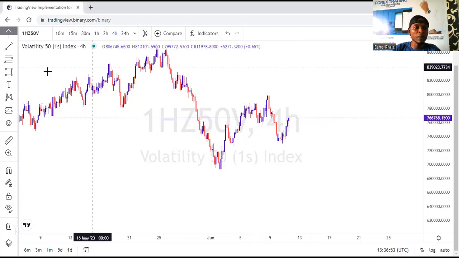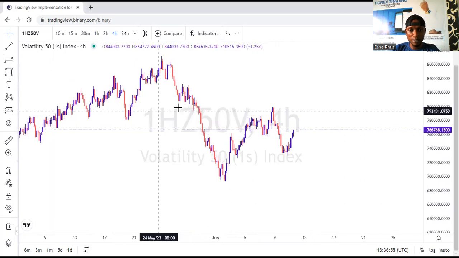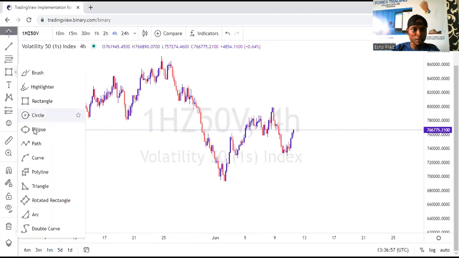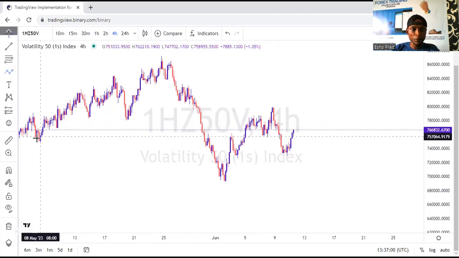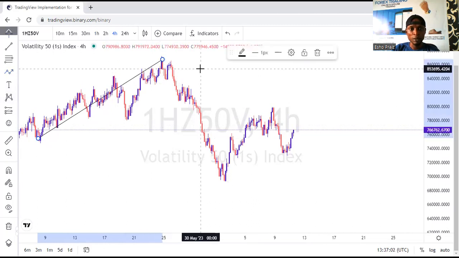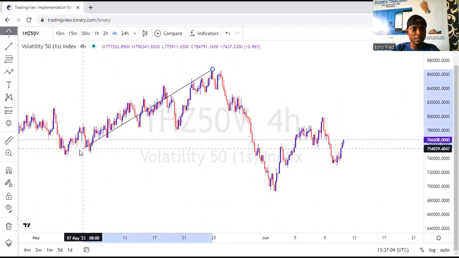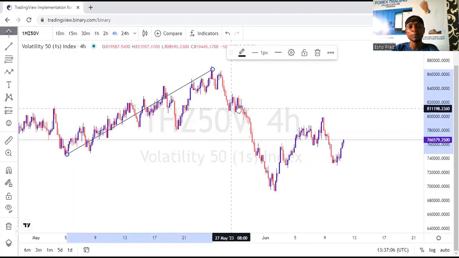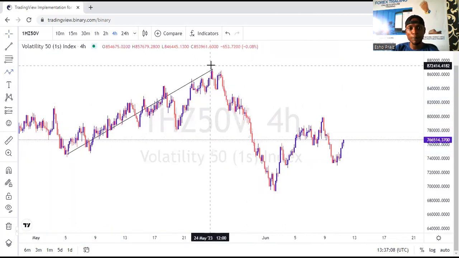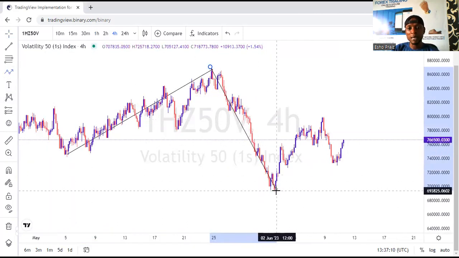Now let's go down to, okay, this is 4 hours. Now you can see that the market pushed up like this. From here, the market pushed up, creating a series of higher highs and higher lows, right? And then it got to this particular point, and the market dropped to the downside.